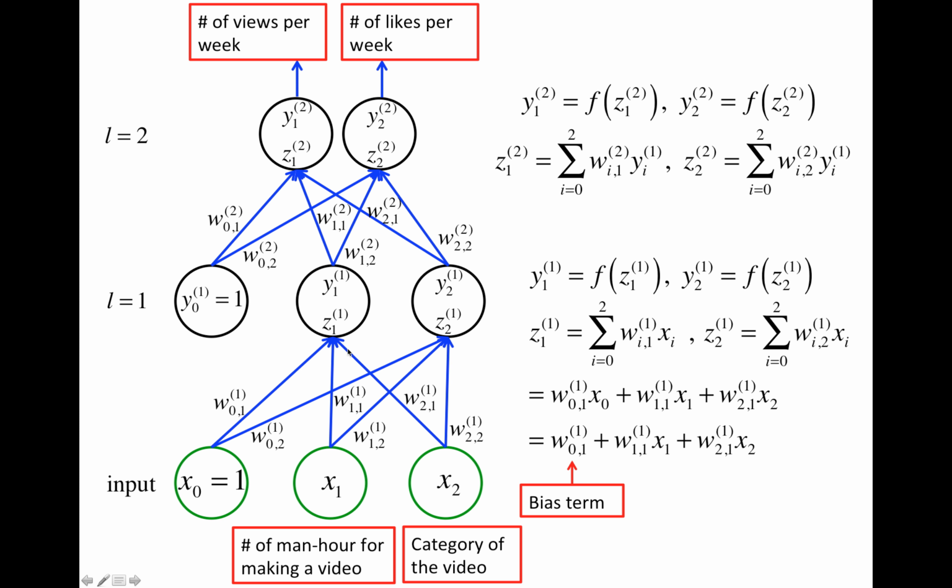So based on the input, we can compute an output using this network, and then we can compare our computed output with the actual output, the actual number of views per week and the number of likes per week. And there will be differences, and those differences will probably be very big at the beginning.